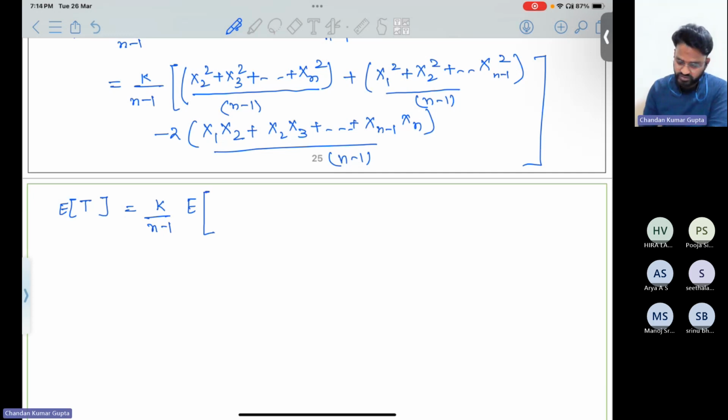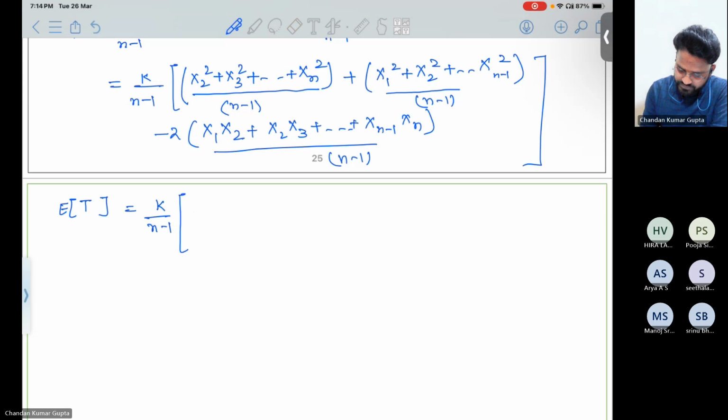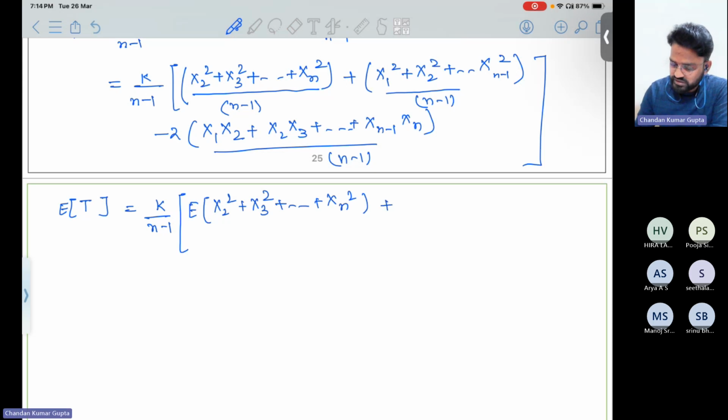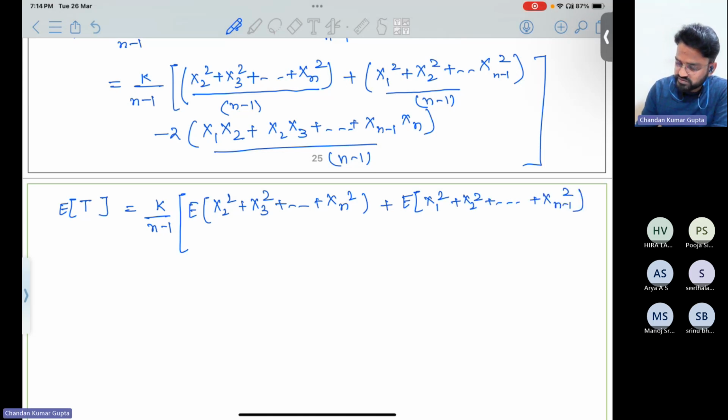Expected value of these quantities will be like expected value of x2 square plus x3 square plus xn square, plus expected value of x1 square plus x2 square plus up to x(n minus 1) square, and minus twice of this quantity.